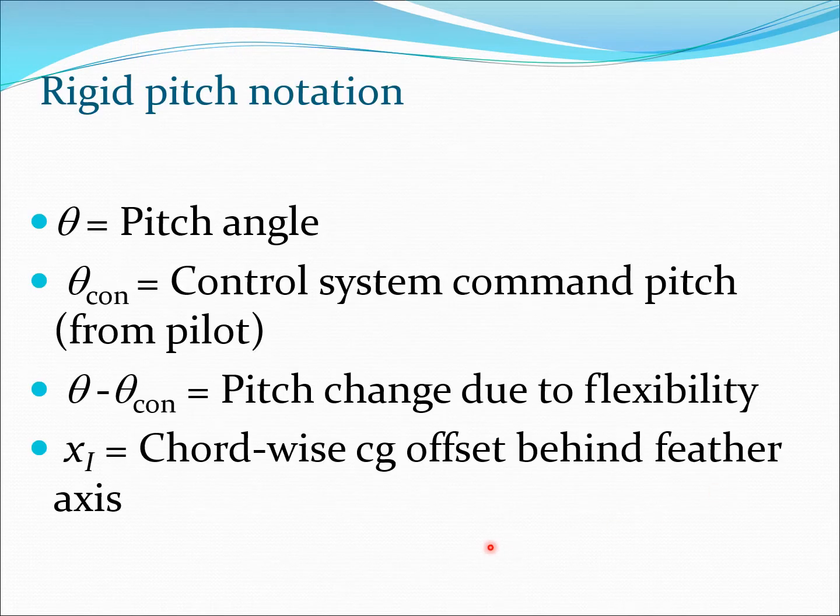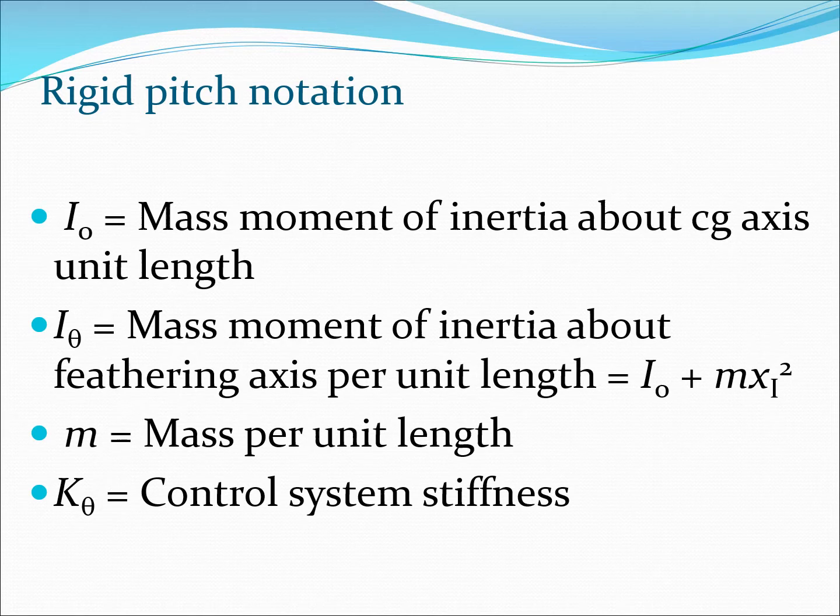Now let's define some notation. Theta is the pitch angle, theta subscript con is the control system command pitch, and this part of the pitch comes from the pilot. So theta minus theta control is the pitch change due to flexibility. Xi, as we discussed before, is the chordwise distance of the CG behind the feather axis. I0 is the mass moment around the CG per unit length.